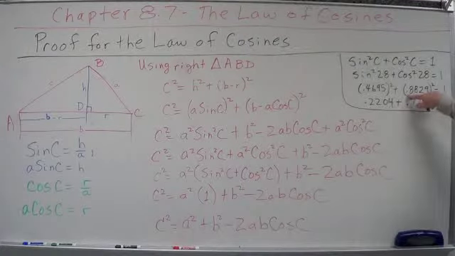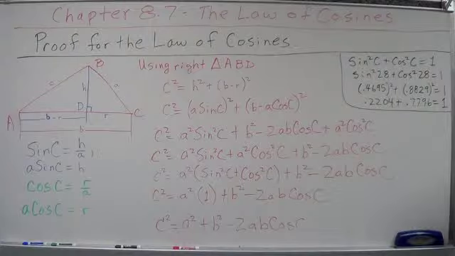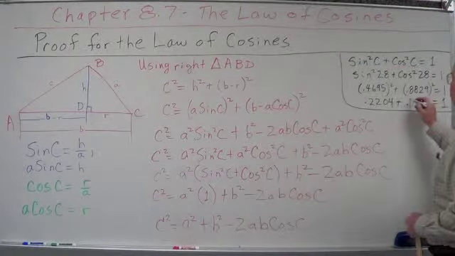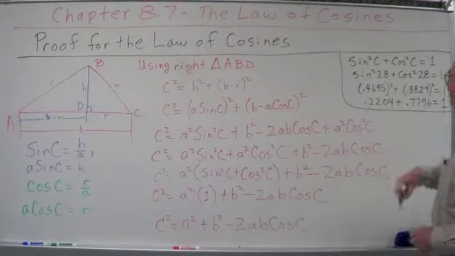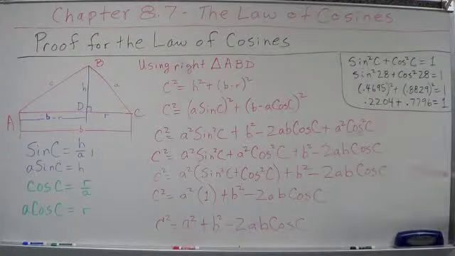Squared, plus the cosine of 28 degrees, which is 0.8829, and we're going to square it. Now when we square those, we get 0.2204 plus 0.7796. If you put those in your calculator and add that quantity, you'll find that it equals 1.